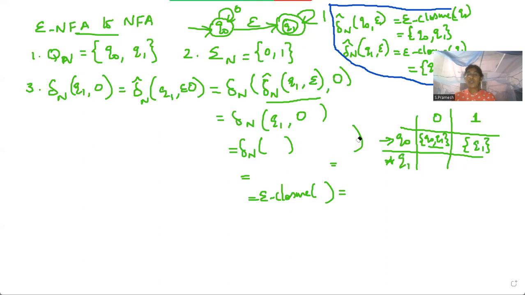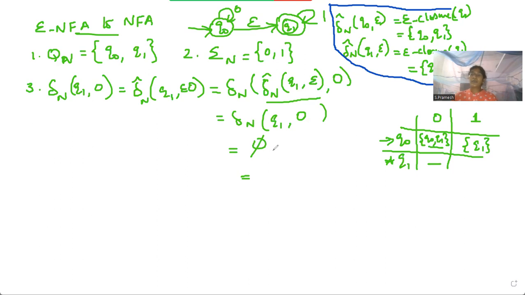So I'll remove this. So Q1 comma 0, what is the answer? I'll remove this also because there is no need. Q1 comma 0 is actually a null value. That's it. Then you can leave this place.